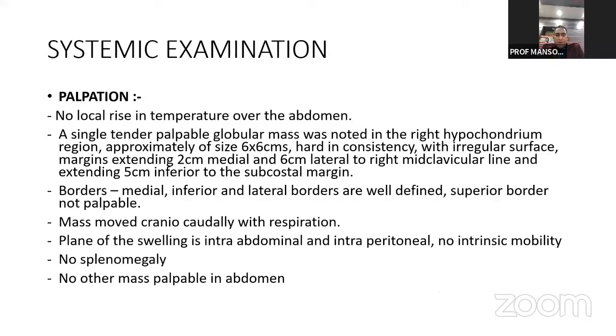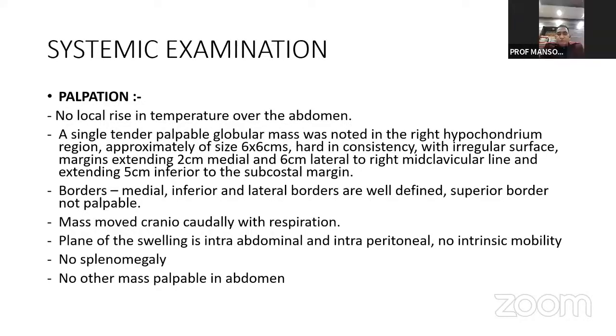No, the previous slide. What do you mean by local rise of temperature? Warmth, there's no warmth localized. Local rise of temperature, you mean the temperature around the umbilicus, around the, where? What do you mean by local rise of temperature? Around the mass.